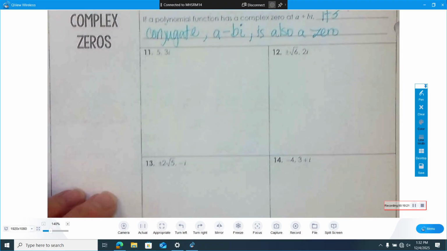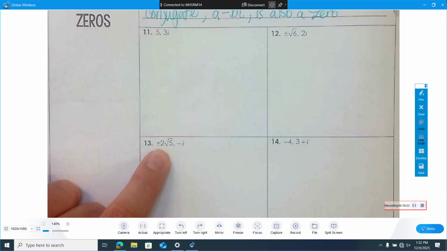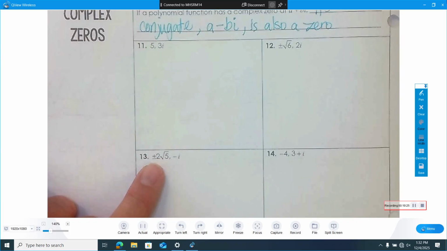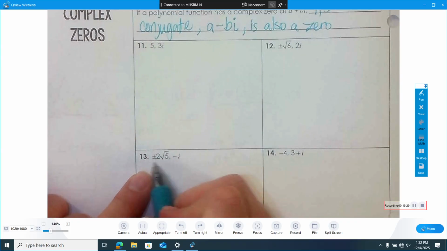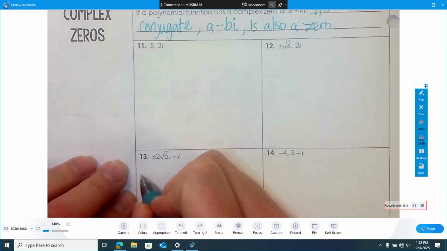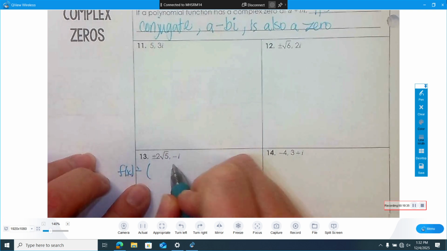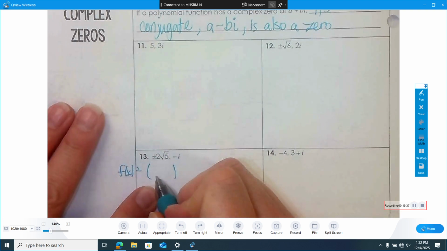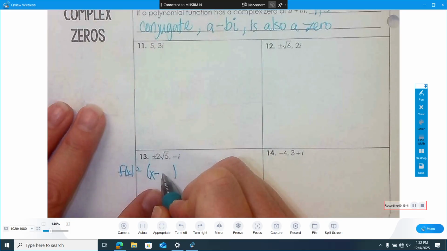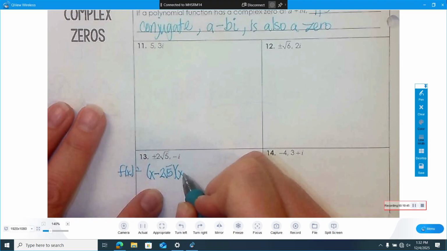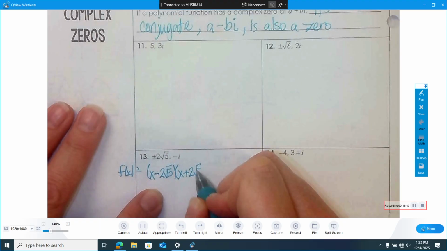Let's look at number 13. If we want to write the polynomial, I have the 0 of 2 radical 5, and here's my function. All right, what bubble did it come from? X minus 2 radical 5 and x plus 2 radical 5.